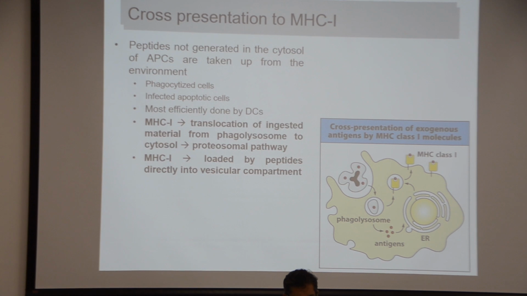And how does it happen? It's particularly your dendritic cells that have this capacity to do more. Less is found in the macrophages. And what typically happens is that the pathogen or a dying cell, whatever, is phagocytosed, and post-phagocytosis, the phagosome goes through another phase of maturation.